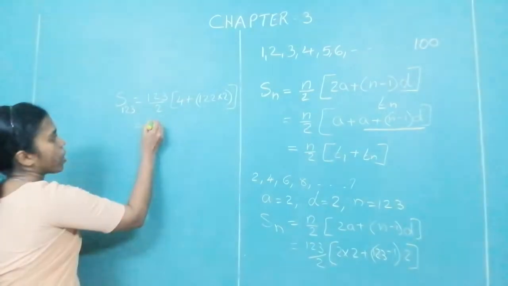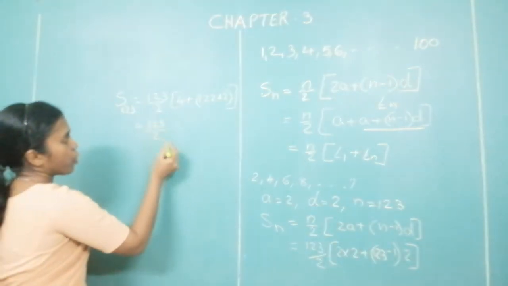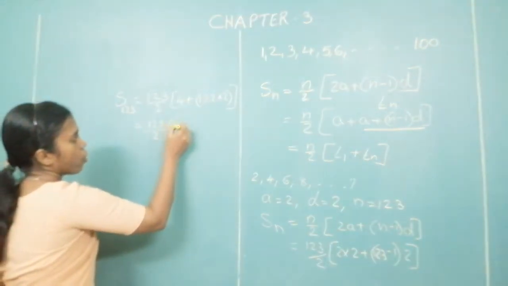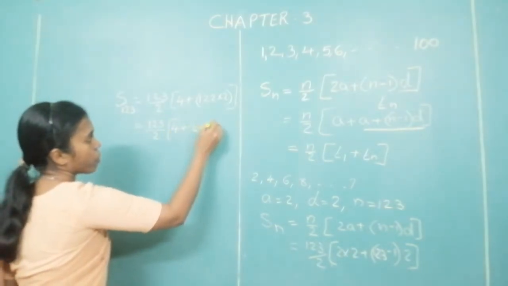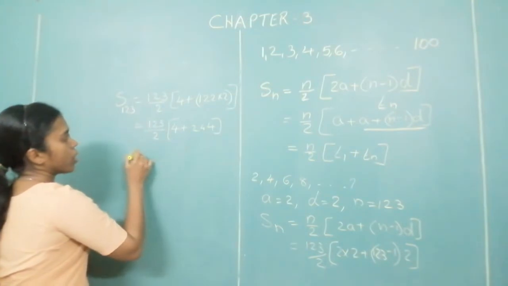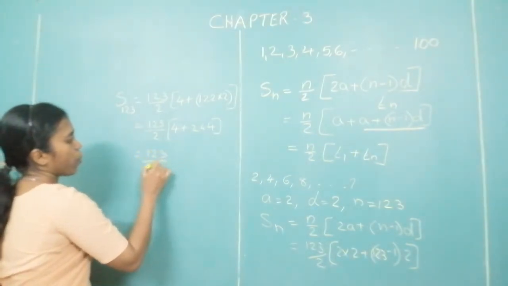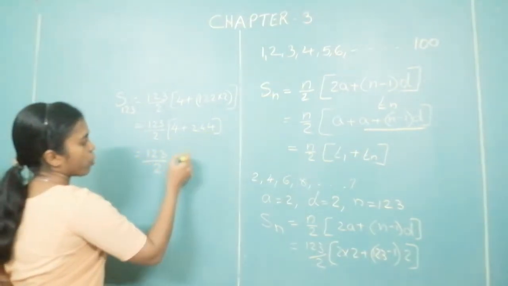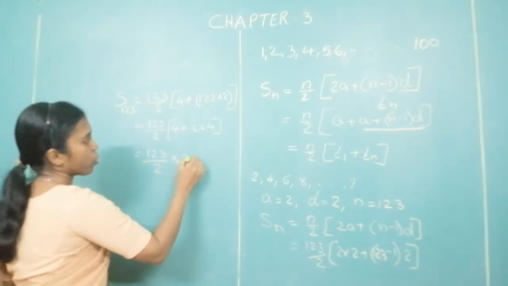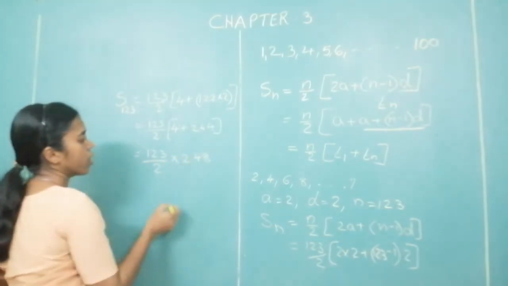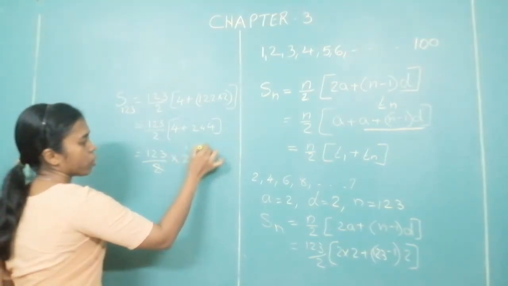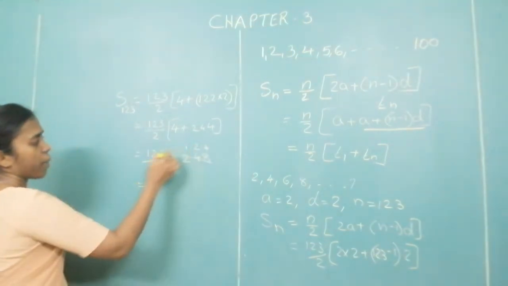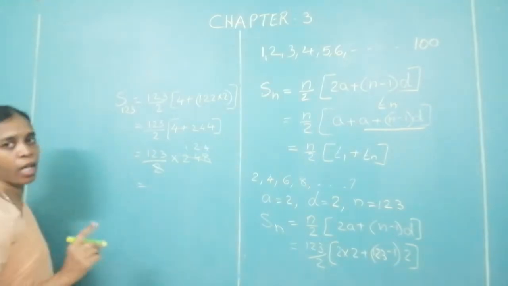So you will get over there 123 upon 2 bracket 4 plus 244, that is equal to 123 upon 2, 4 into 2, 44 is equal to 248. These two get cancelled over here. 123 multiplied by 124. Multiply by this and then you will get the answer.